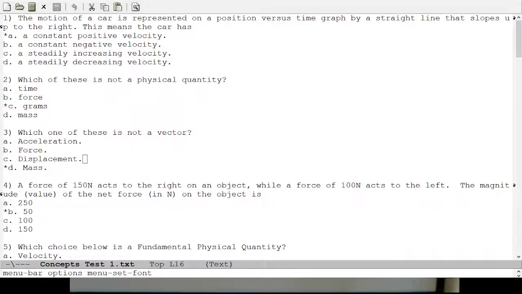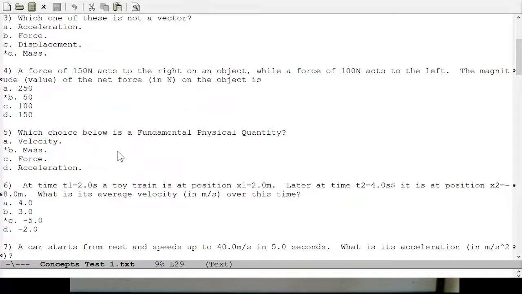Okay, next question. Let me scroll down a little bit. A force of 150 newtons acts to the right on an object, while a force of 100 newtons acts to the left. The magnitude of the net force is... Let me go back to my drawing here.